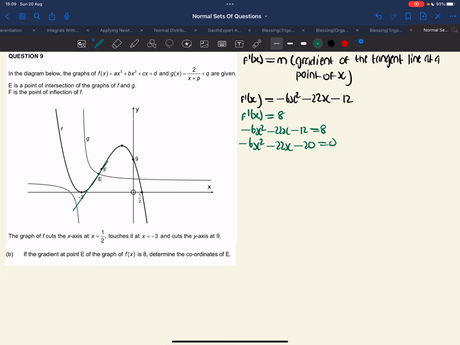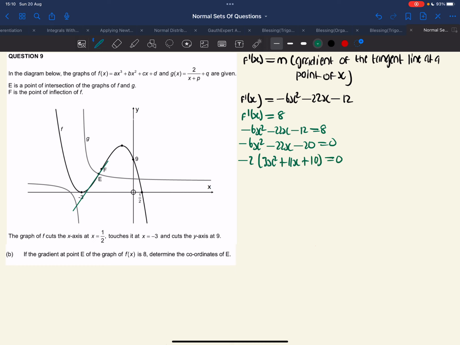And then what we could try to do is take out, not 6, let's try to take out minus 2 as a common factor. If we do, we're going to get 3x squared plus 11x plus 10.